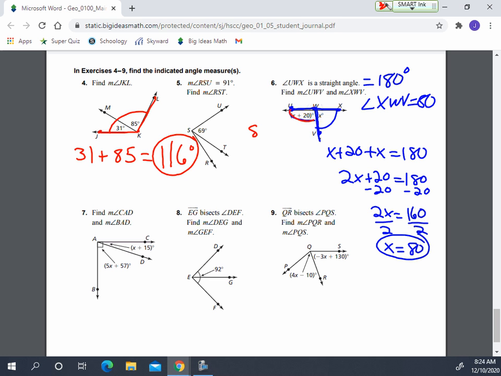So we have to say 80, because 80 is x, plus 20 is equal to 100. So the measure of UWV is equal to 100. Okay, there's our two answers. Make sure we read each question, and we answer the entire question, not just one part.